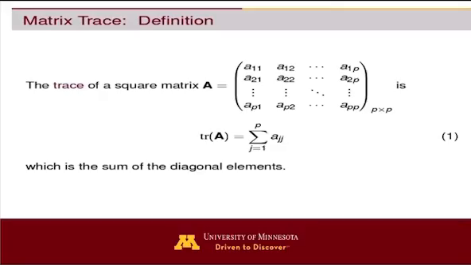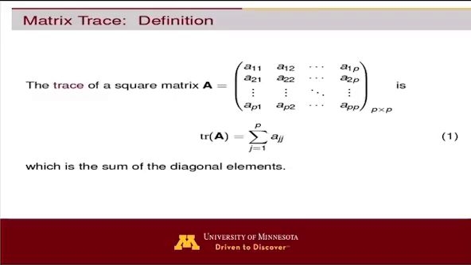The idea of trace actually works there because the focus is explaining total variance. When I have a covariance matrix, the diagonal of the covariance matrix actually gives the variances.